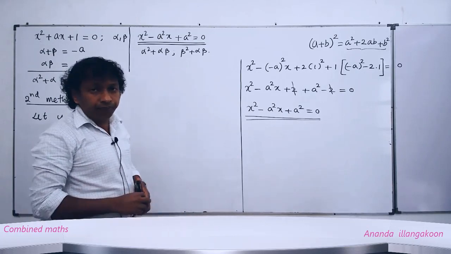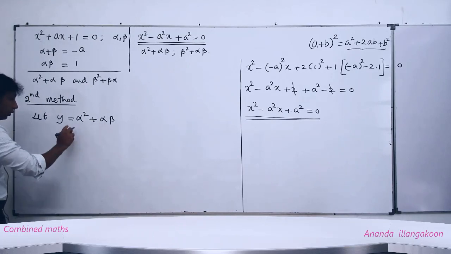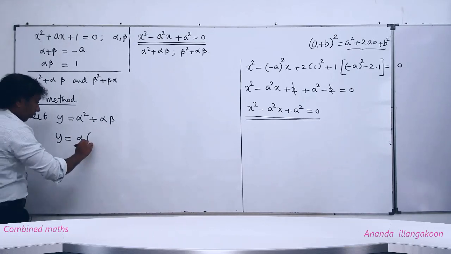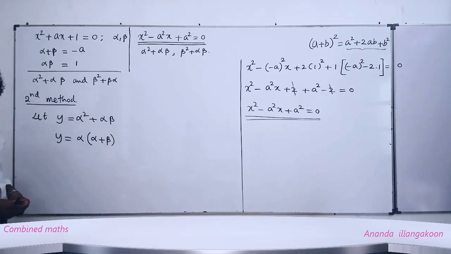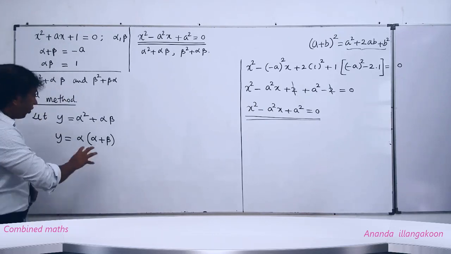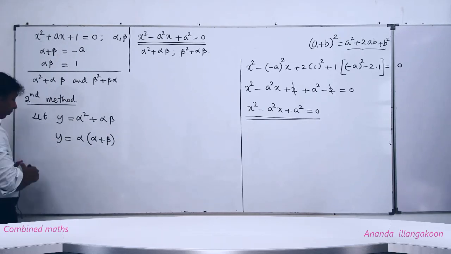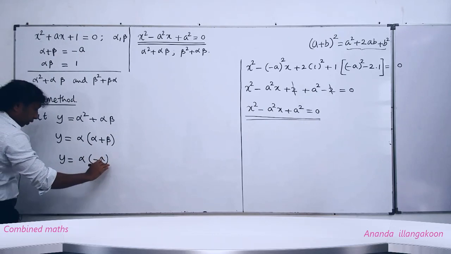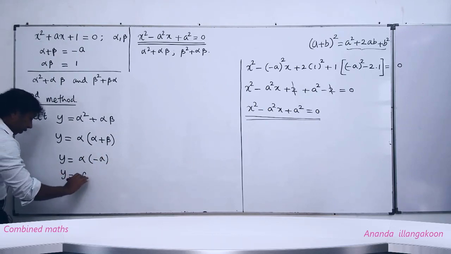Then I can take alpha out, people. Alpha is common now. Once you take alpha out, what you get within the bracket is alpha plus beta. Now for this alpha plus beta, you can substitute this. What is alpha plus beta? Minus a. Then we get minus a alpha.